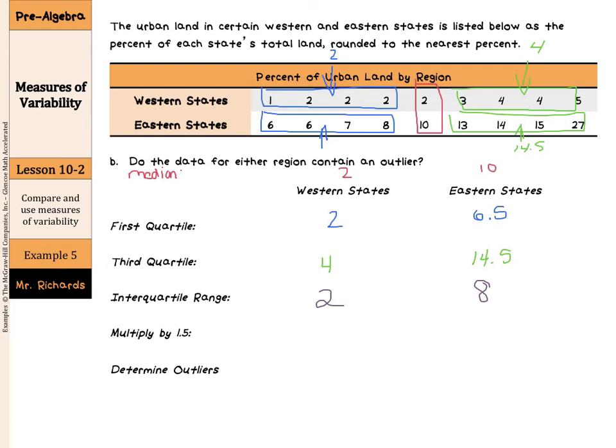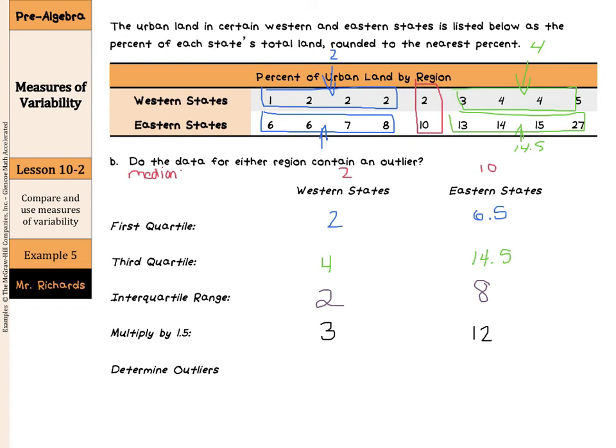Well, if I multiply each of those by 1.5, 2 times 1.5 is 3. And 8 times 1.5 is 12. So when I look then for the outliers, remember what we do is to set up our reasonable range for the data.